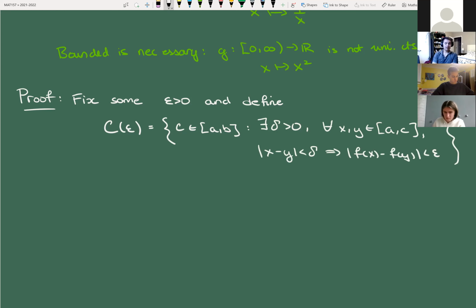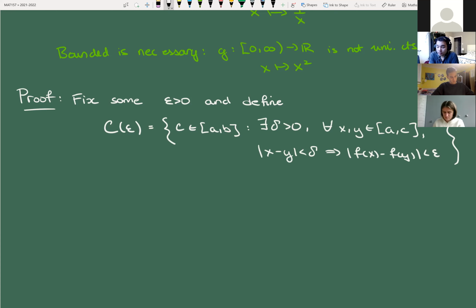Okay, that's crazy. So let's take a second to think about this. I fixed some epsilon. I'm not doing this for all epsilon right now. I've just fixed one. But I'm going to show that the following proof works no matter what epsilon I chose. So let's say epsilon is equal to 1.